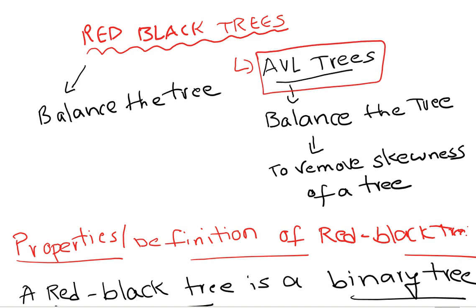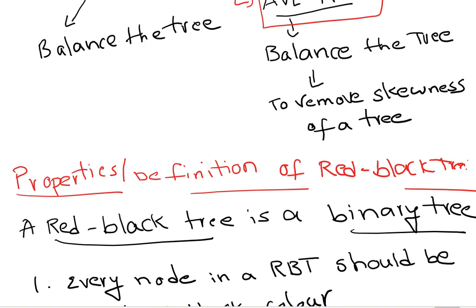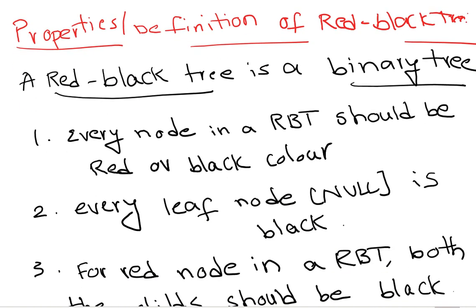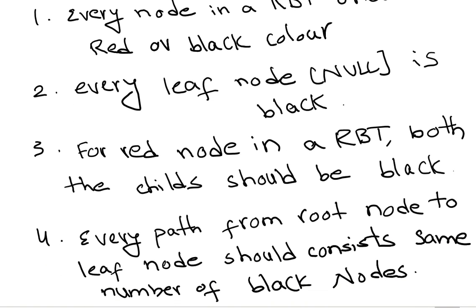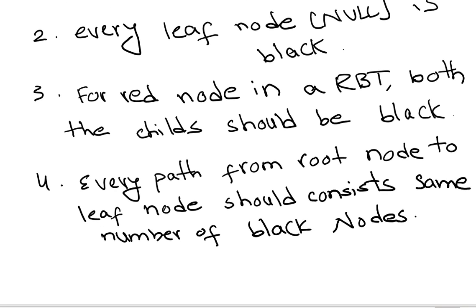Now we are seeing one more balancing tree, that is called the red-black tree. When we call it a red-black tree, it should be a binary tree. Binary tree means it should have at most two children, and every node in a tree should have red color or black color, and every leaf node, null, is a black node, and for a red node both children should be black.